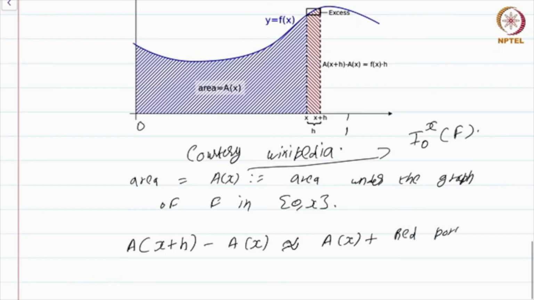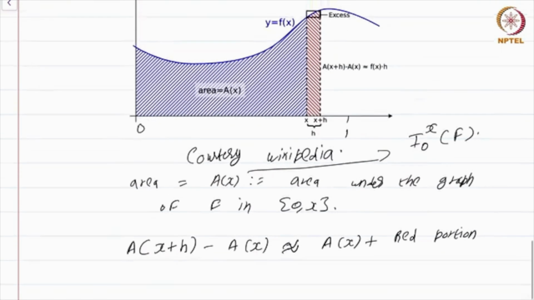So A of x plus h will be nothing but A of x plus the area of the red portion in this picture. Now that red portion area, this is not approximately equal to, this is exactly equal to.